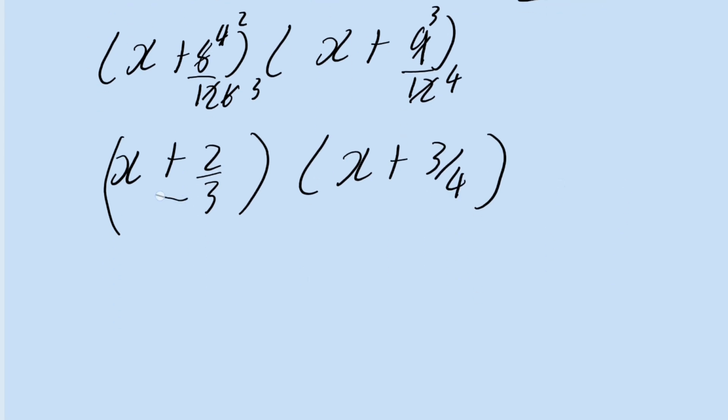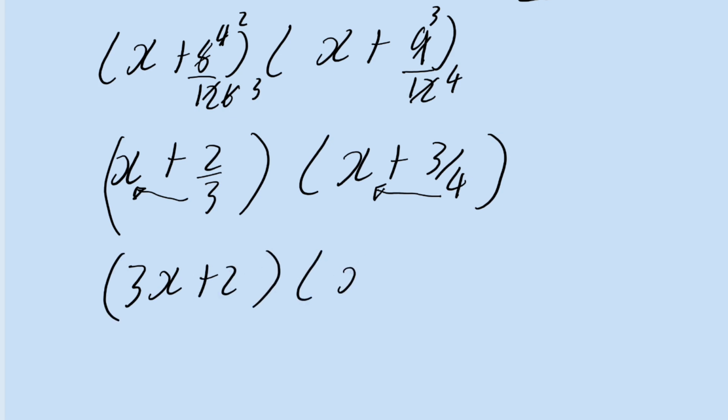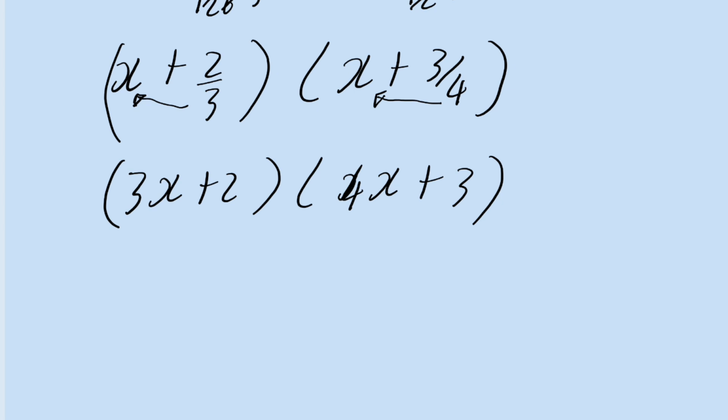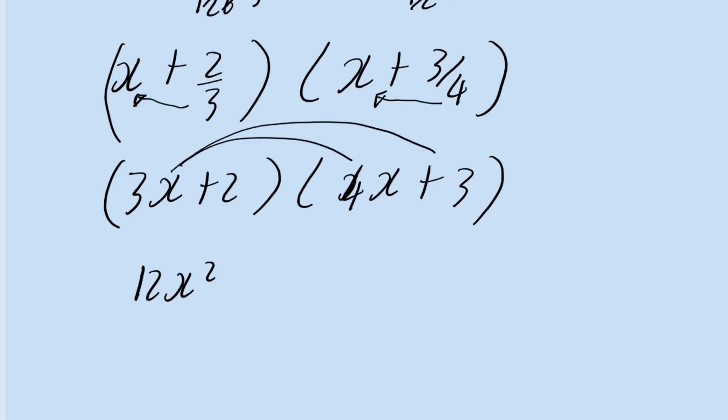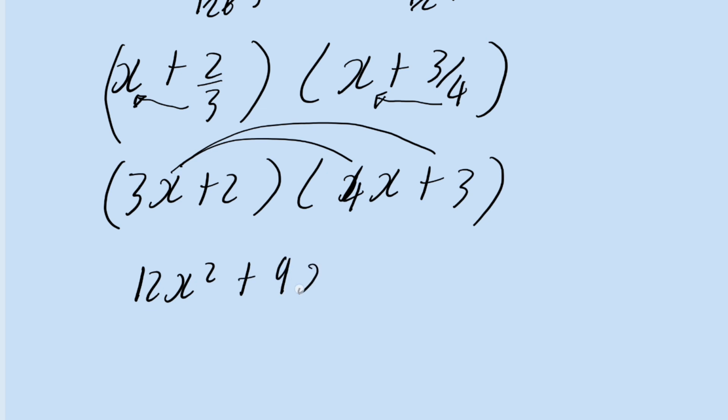Now we have to do the same. We'll multiply x times 3 and x times 4, which becomes 3x plus 2 and 4x plus 3. And you see that we have finally been able to factorize this equation, which simply, if we expand it again, I'll do the expansion. 3x times 4x will give us 12x squared. 3x times 3 is going to give us plus 9x. 2 times 4x will give us plus 8x.